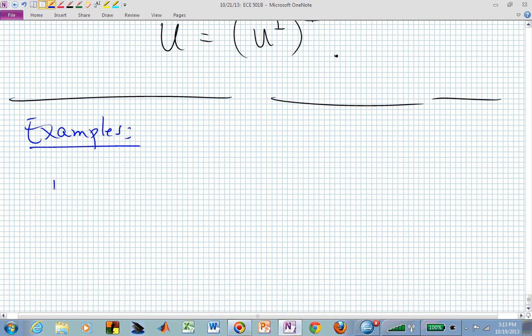Suppose that our original linear vector space is the two-dimensional plane, R2, and it's real. Suppose we now let U be the x-axis.